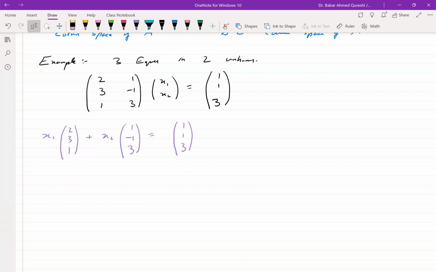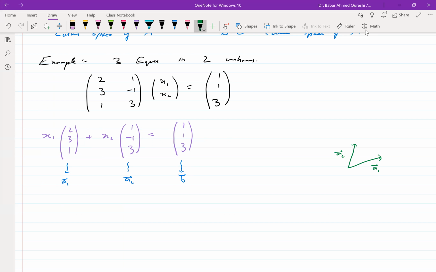So now I can consider I have a 3-component column vector. So in this special case, I can draw this first vector. Let's call it A1. This is A2, and this is B. I have this A1 in 3 dimensions, and A2 will be pointing in some other direction.